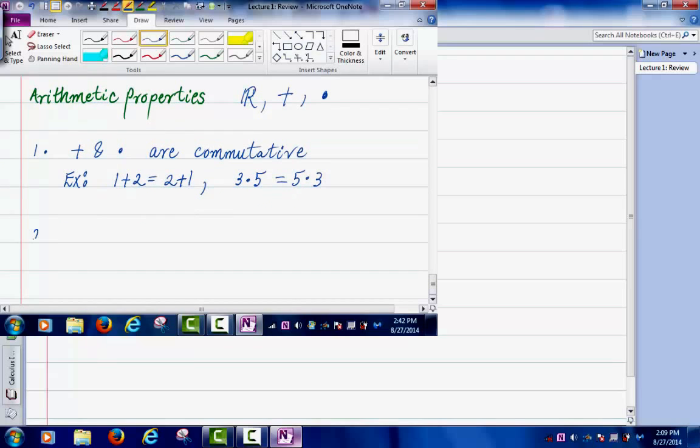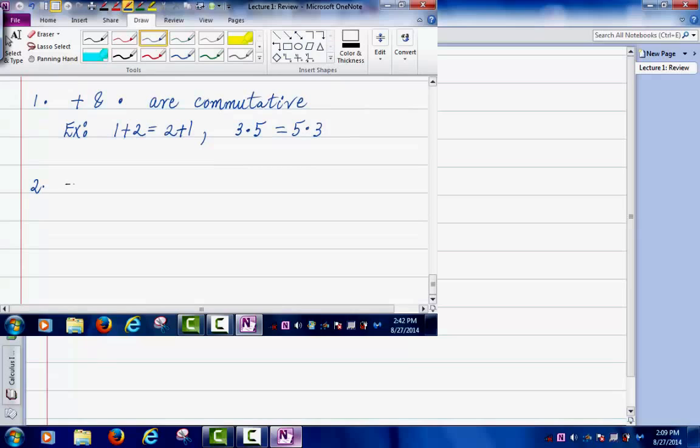Number 2, they are both associative. Again, what does that mean?